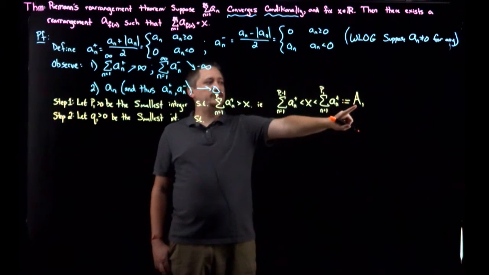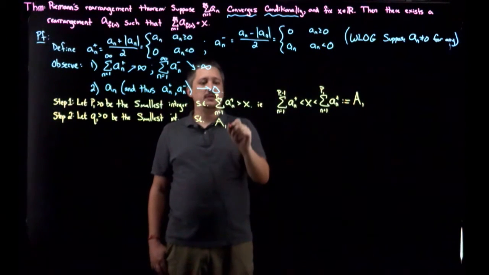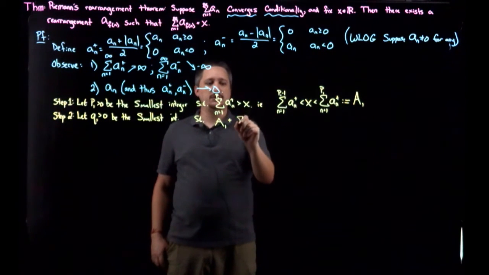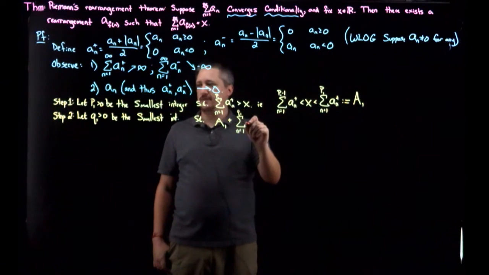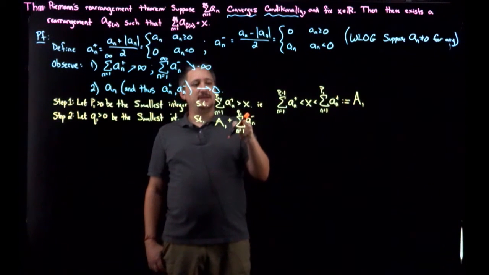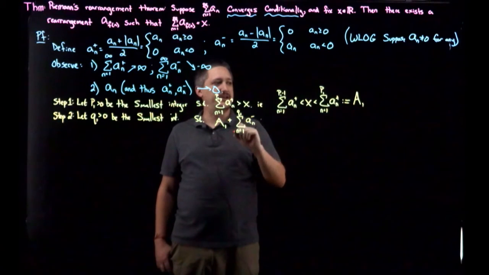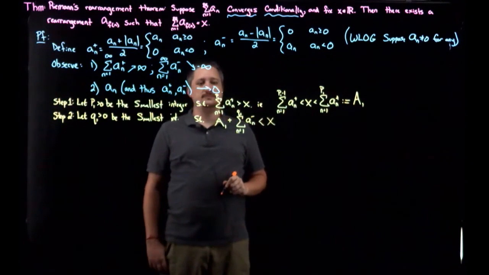So what I'm going to do is I'm going to take whatever was bigger than x, which is the value I had, the A1, and then I'm adding the negative piece of it by doing n equals 1 again to Q1 of a_n minus. So these are negative things I'm adding. I'm going to add negative stuff to a value that is bigger than x until I get something that is smaller than x. Okay?